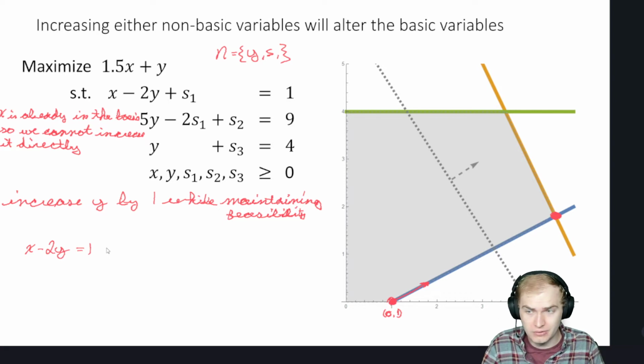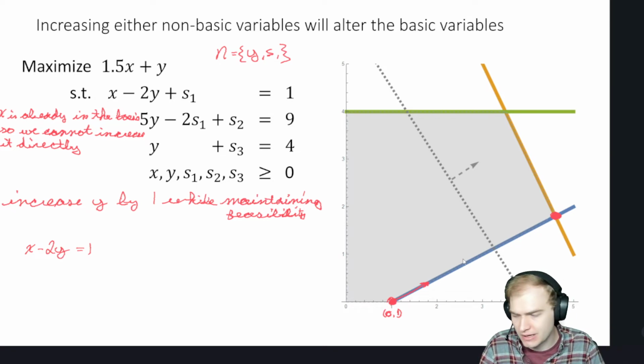We're going to, for now, ignore s1 because we're staying on that constraint, which s1 is the slack variable for. So s1 is not going to increase past 0. So ignore s1 at the moment.